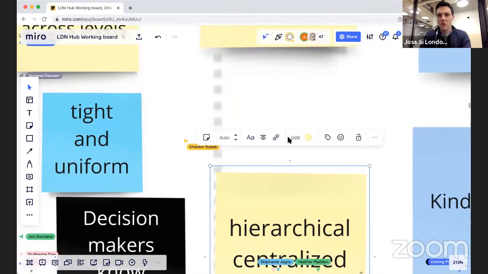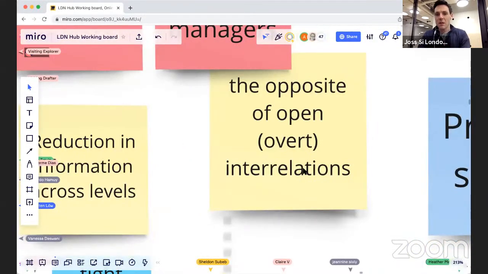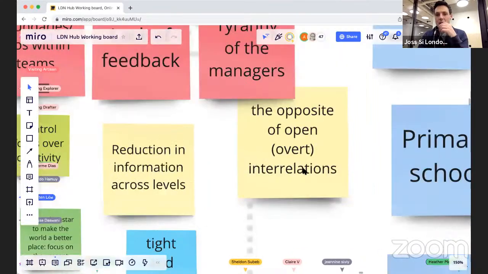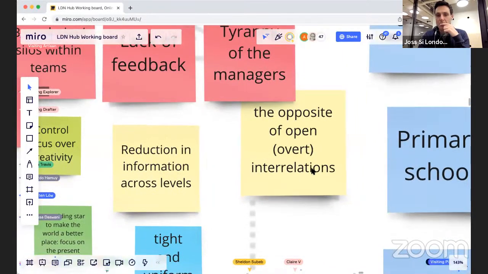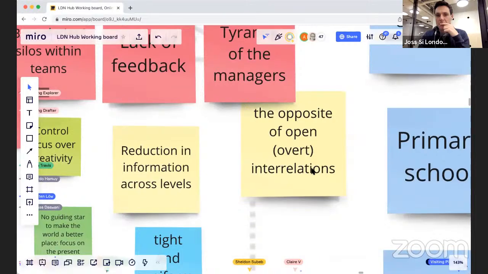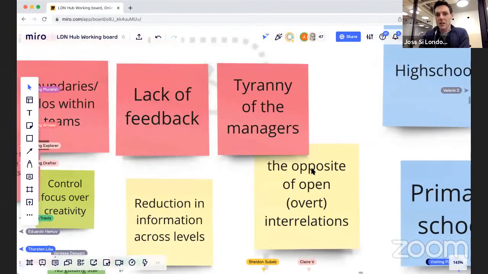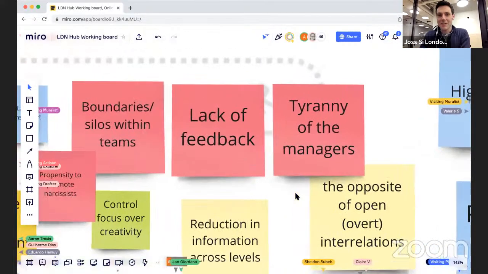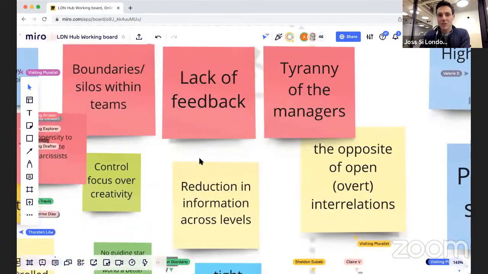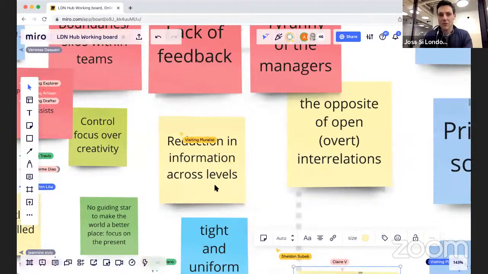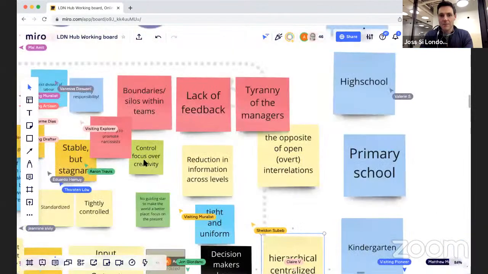Okay, so the opposite of open, overt interrelations. Tyranny of the managers, yeah. Lack of feedback, reduction in information across levels, yeah.